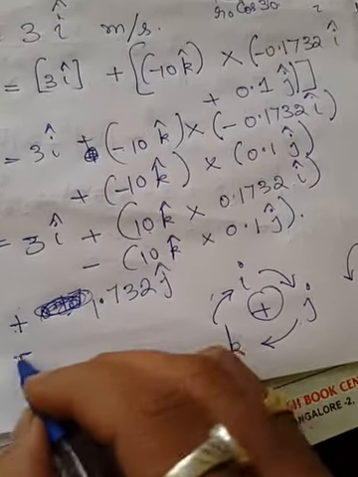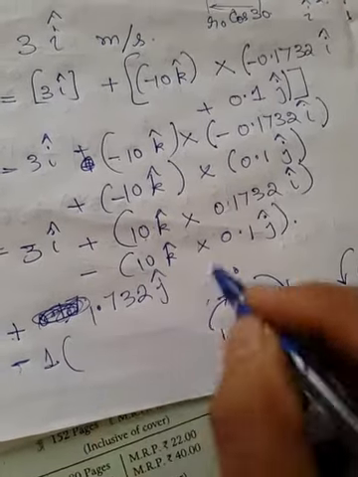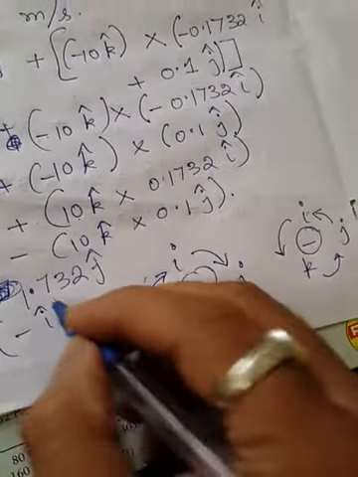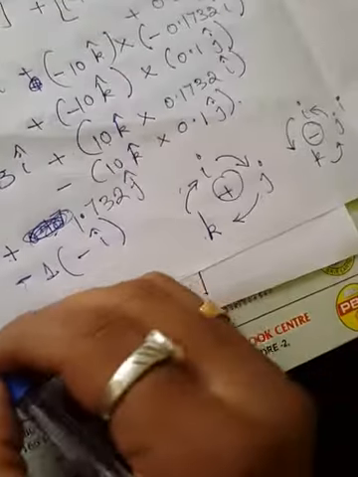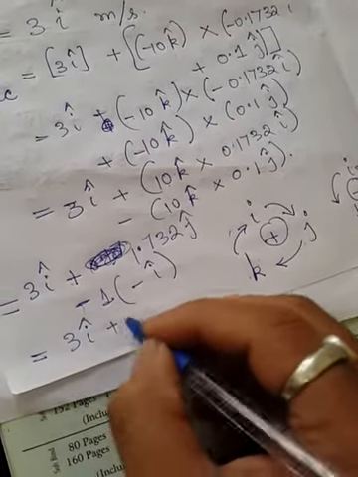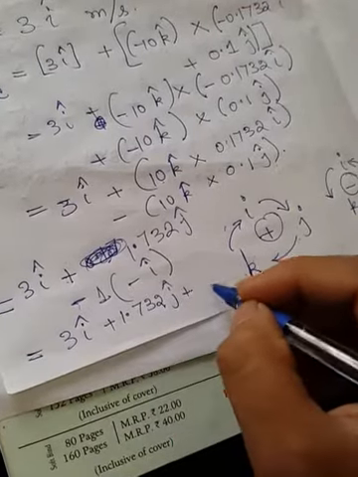Ten into 0.1 is 1, and k cross j is minus i cap. So now you have 3i plus 1.732 j plus i.